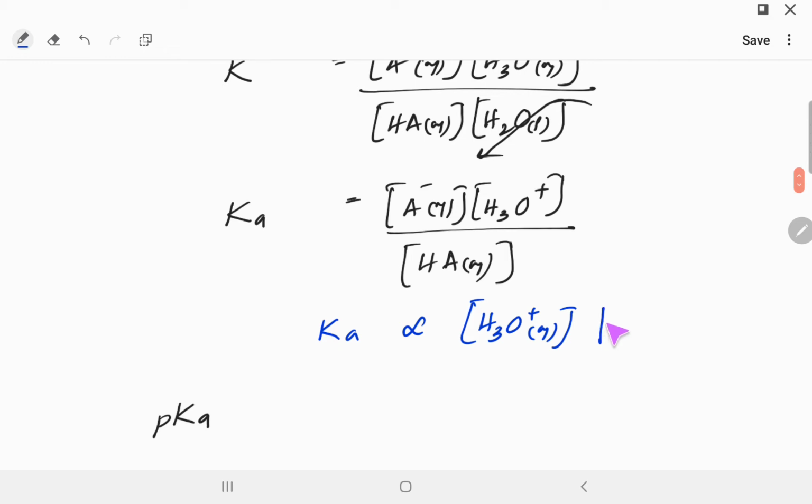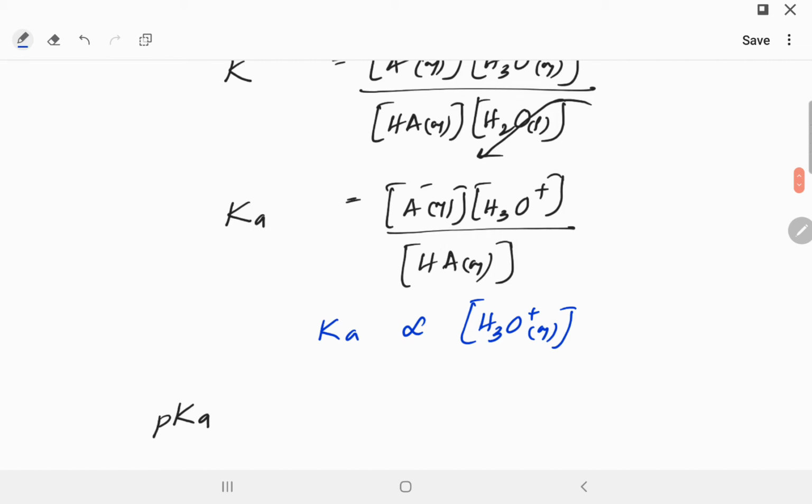So if you have a high concentration of H3O plus, Ka is going to be high, and vice versa. Since the H3O plus concentration and Ka are proportional, if Ka is high, the acid is capable of generating more H3O plus, or hydronium ions. And of course, if Ka is high, the acid is stronger.